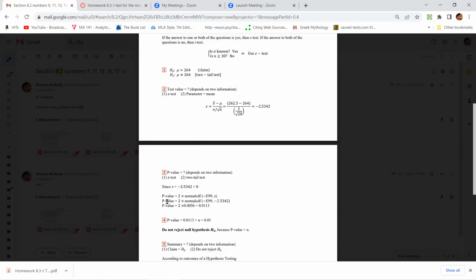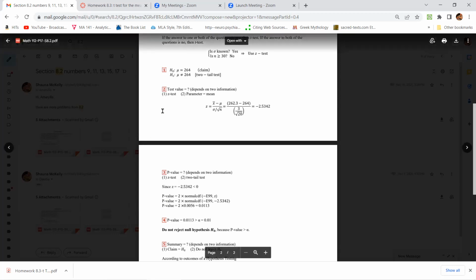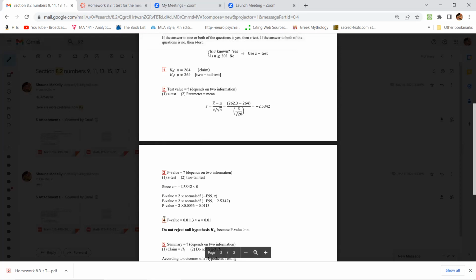I'll show you that. But there are instructions on those papers that I showed you yesterday, so I will show you that. But the next thing is you calculate your p-value. After that, other than steps 2 and 3, the rest is the same. You reject or do not reject based on the p, and then you summarize the data.